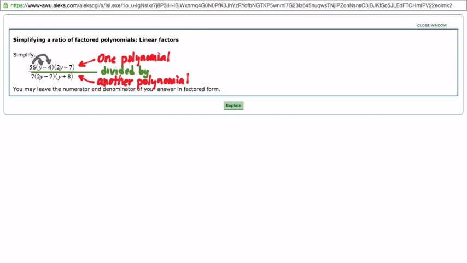So that would require me to, probably what I would do is I would FOIL what's here, and then multiply that by 56, and I would FOIL this, and multiply that result by 7. Let me see if I can do that.